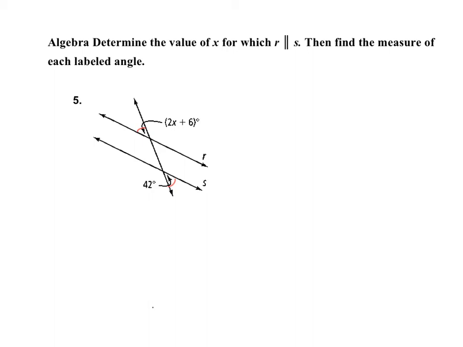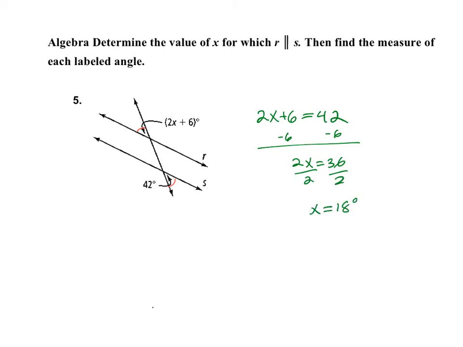Based on the converse of the alternate exterior angles theorem, those two angles should be congruent, so the measures should be the same. So I'm just solving this equation. Minus 6, so 2x equals 36, and I divide by 2. So x has to equal 18 degrees, so that those two lines are parallel to each other.